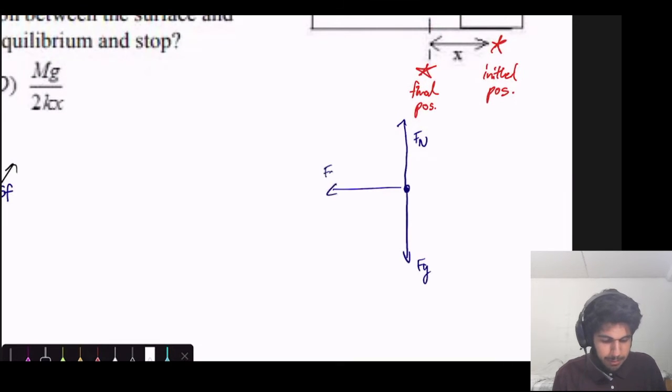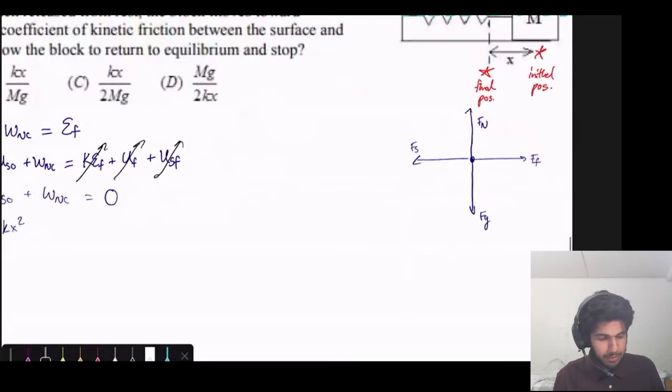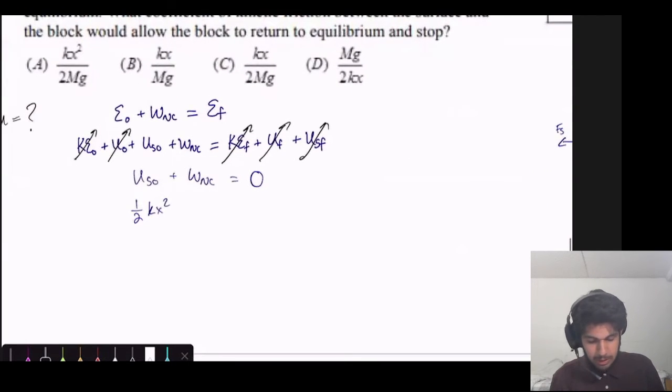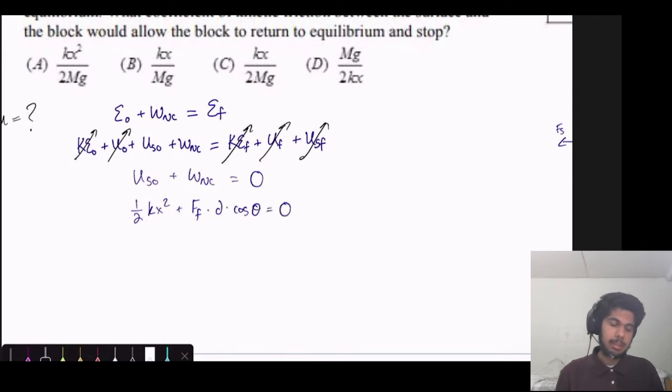I'll call it F sub s, and friction opposes motion, so that's going to go to the right. Okay, so we have our free body diagram. There's no other non-conservative forces, so friction's the only one to worry about. So this is going to be equal to F_f times the distance times cosine of theta, and we're saying that's equal to 0.